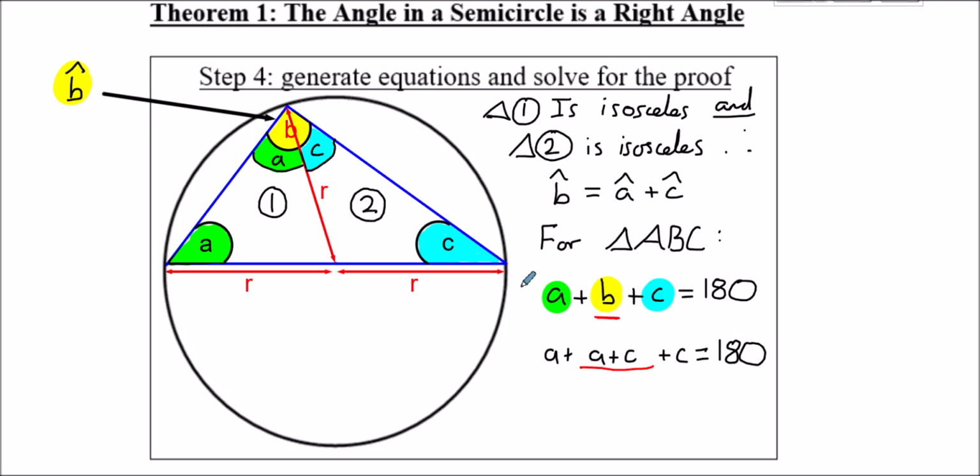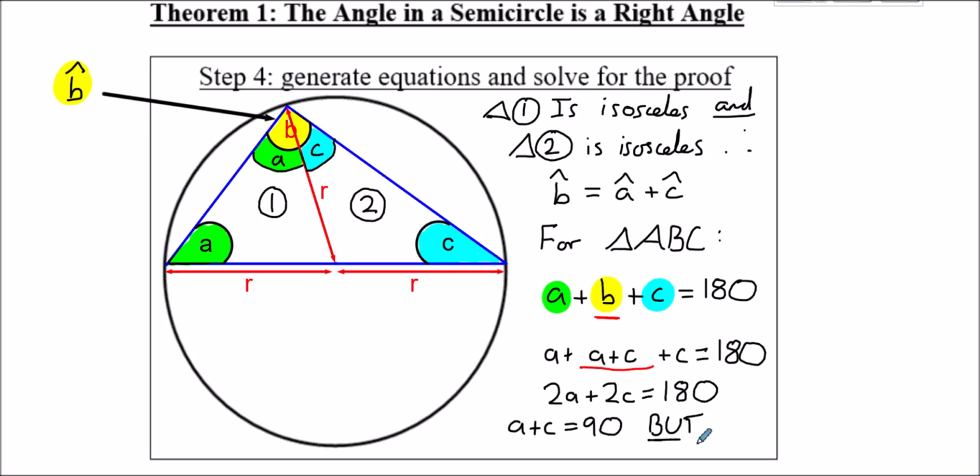So we've actually got A plus C plus C. So we've got 2 A's plus 2 C's equals 180. If we divide all this by 2, we get that A plus C equals 90 degrees.